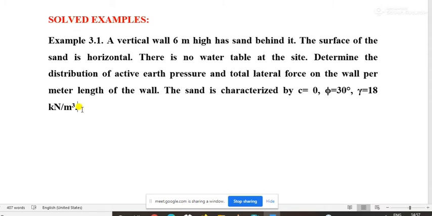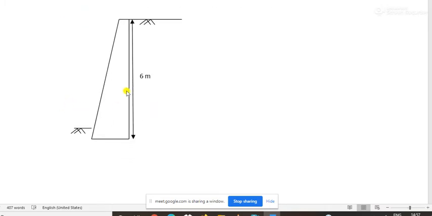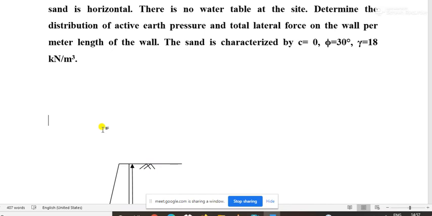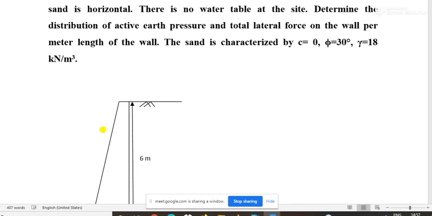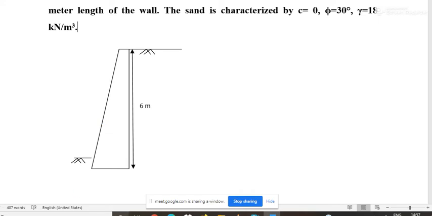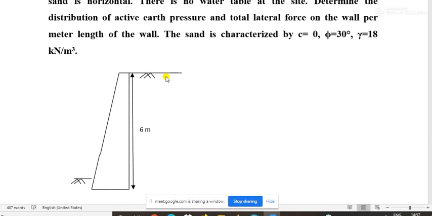Before starting the solution of this problem, you may see the diagram of the problem. There is a retaining wall. This is the backfill soil. The surface of the backfill soil is horizontal, there is no slope, and there is no water content in the backfill soil.